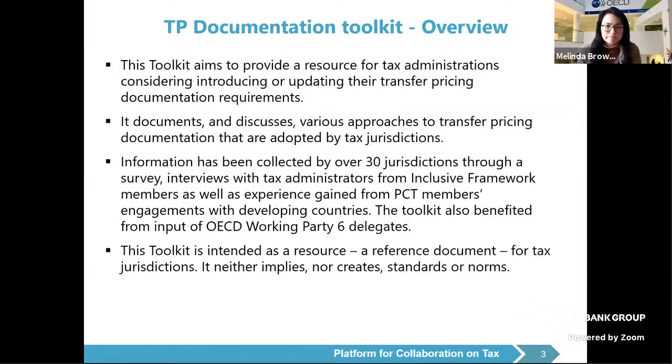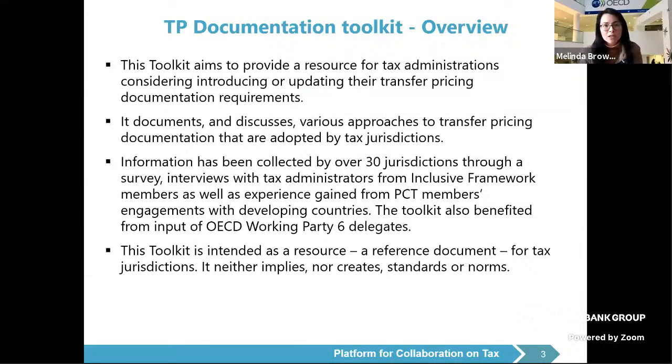So importantly, it's I think really relevant to emphasize that the toolkit doesn't set out any kind of a new standard or a new norm. It doesn't propose any requirements that should be put in place in any particular country or any particular context.